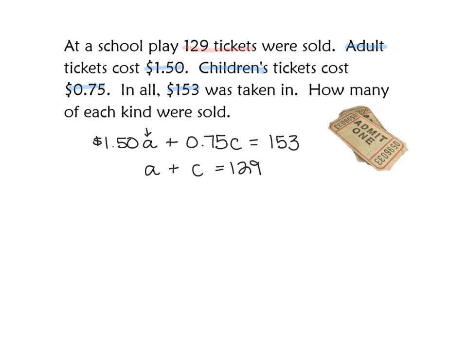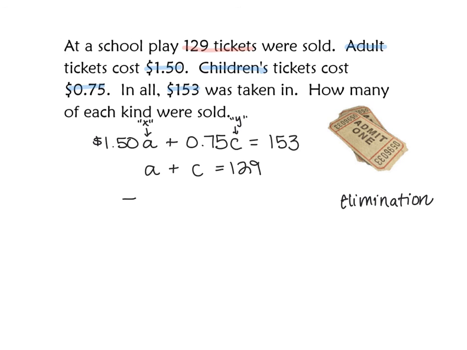Again, I used A and C to just help me out, but you could have said that this was X and this was Y. If I start looking at what method to use, you should have said this would be an elimination problem, which means you just get to use your graphing calculator.